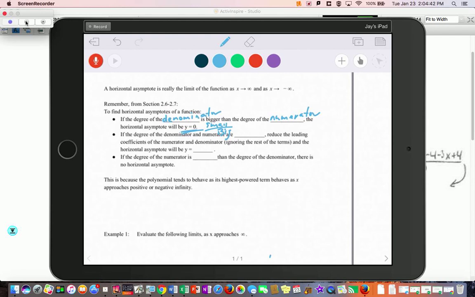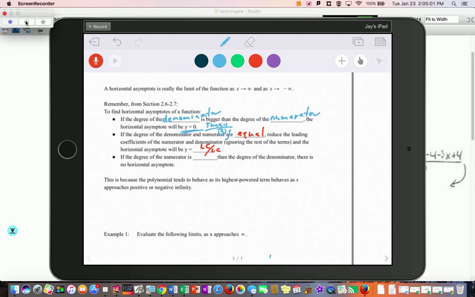If the degrees of the denominator and numerator are equal, then you do the leading coefficient rule, I call it. So y would be what I call LC divided by LC, the leading coefficient divided by the leading coefficient.